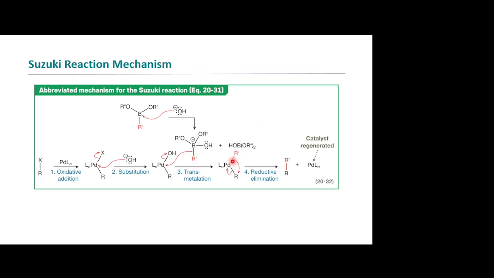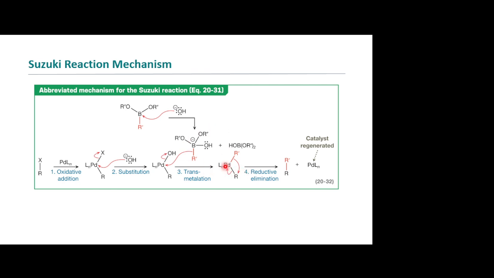Okay. The next step is going to be we're going to have these two groups attach the palladium across it. And the next step is going to be an exchange where the electrons go from this R group here onto this R group here. So this, let's say it's an aryl group, something like that. We're going to attack that carbon. The electrons on this palladium bond are going to go onto palladium.